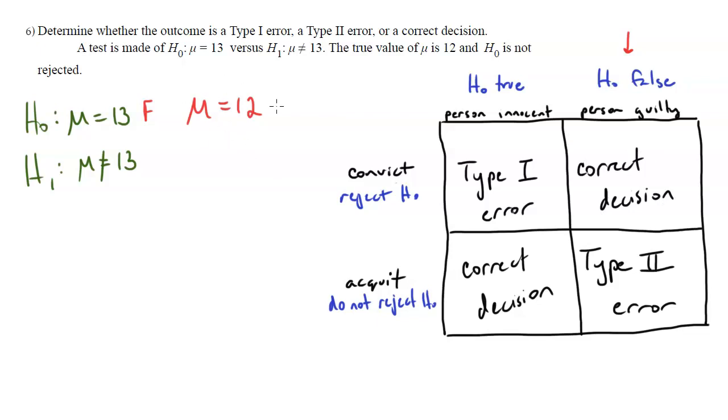Right? So if the true value of the population mean is 12, we see the null hypothesis is false, right? Because it says the population mean is 13. So if the null hypothesis is false, we should reject the null hypothesis. But this says we do not reject it. So we've made a type 2 error here.